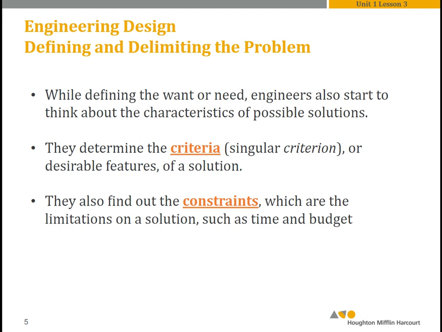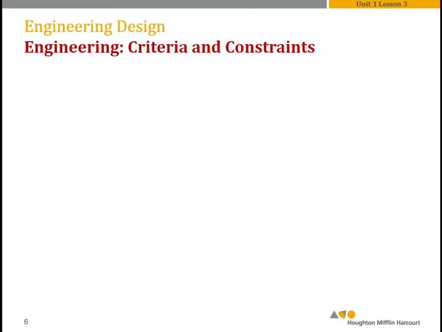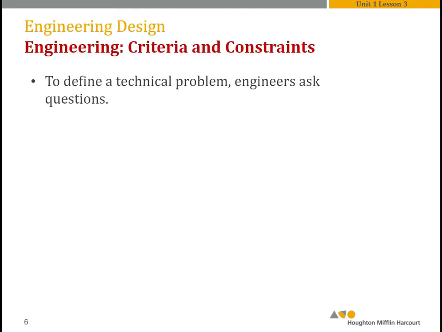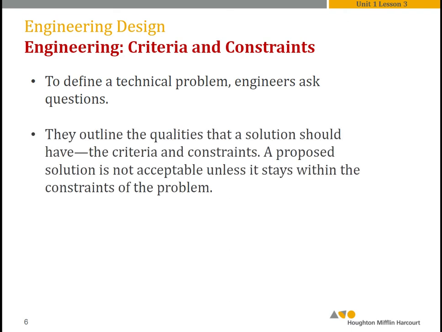Criteria are the desirable features of the solution, and constraints are limitations. Maybe you only have a certain amount of time. Maybe you only have a certain amount of money. Maybe it has to be a specific size. So engineers ask questions. They outline the qualities that a solution should have. We call these criteria and constraints.